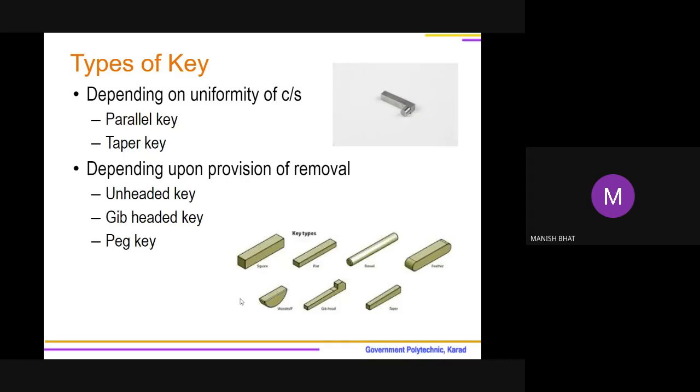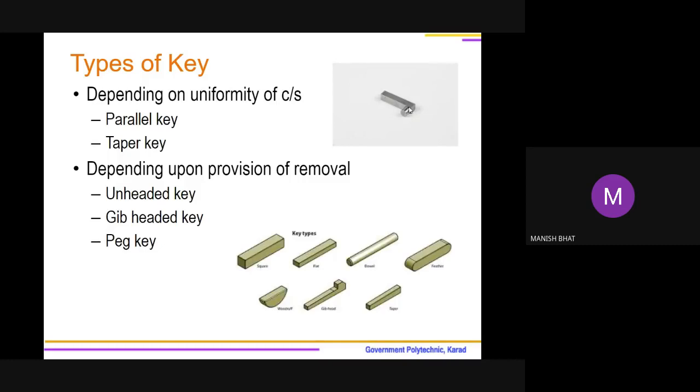Depending upon the provision for removal of the key, that key may be an unheaded key. Unheaded, no head is provided. So here you are observing all keys above are not having any head, whereas a headed key will be having some head, correct? So it may be known as a jib headed key.